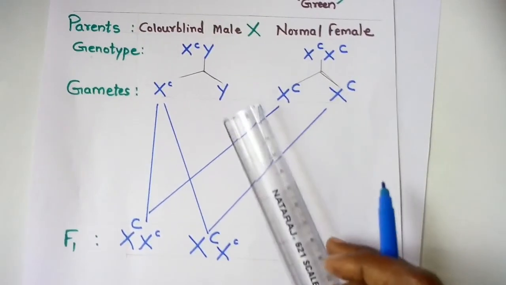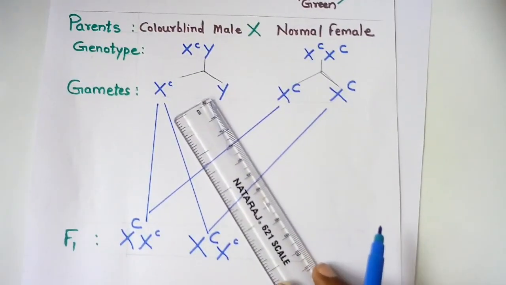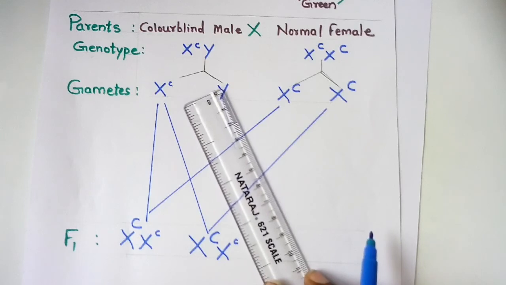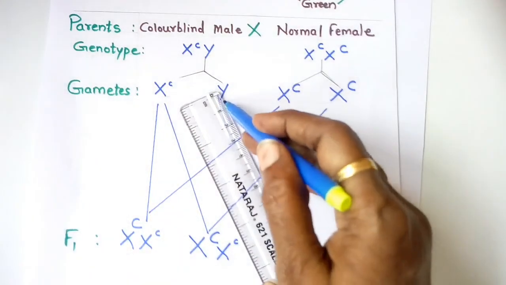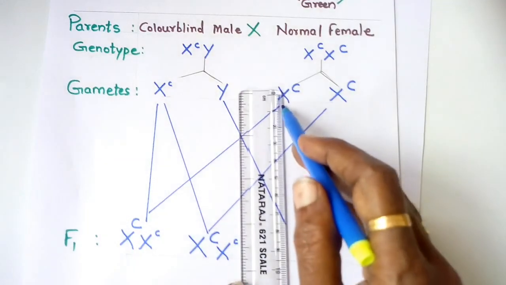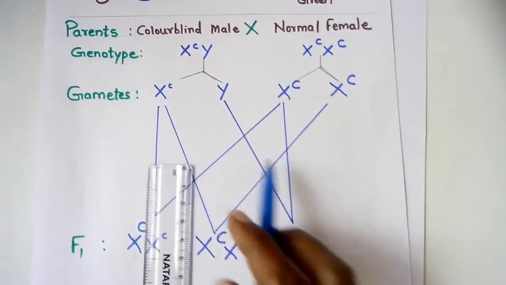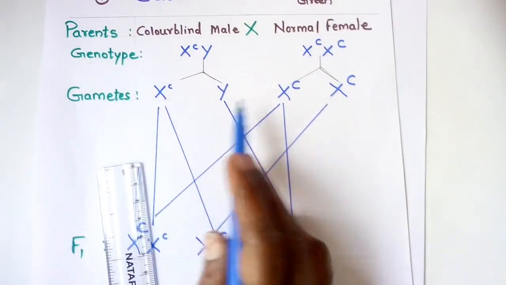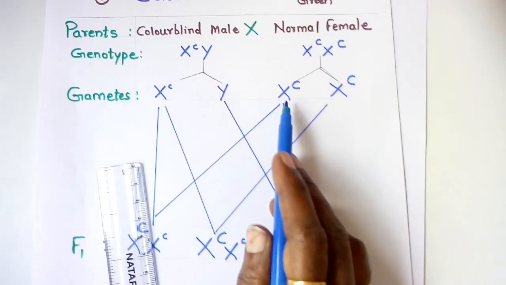Then we have to cross the next one, that is the Y chromosome. This will have to cross first with this one. Even though the Y chromosome comes first, still we have to write the X chromosome first.